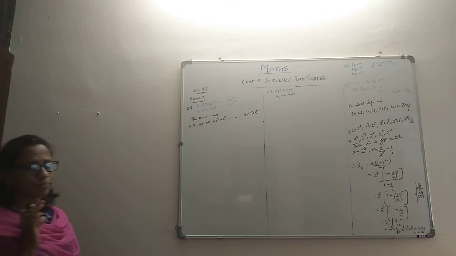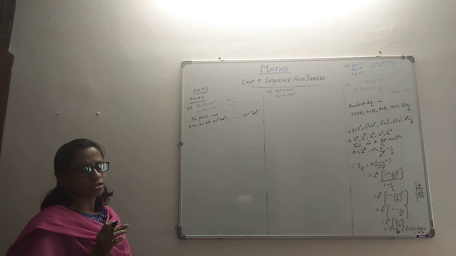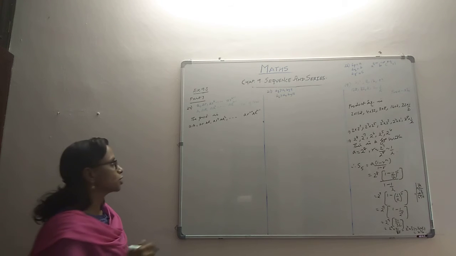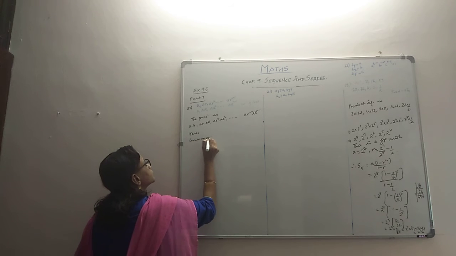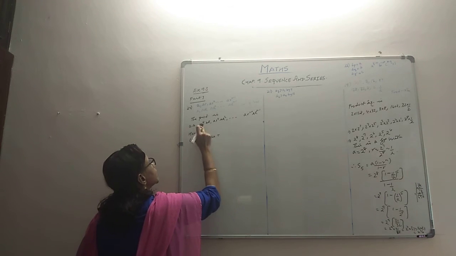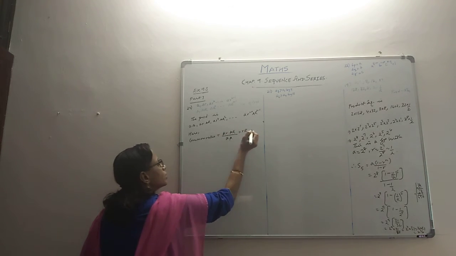It's evident from the approach itself that it is a GP because the common ratio is the same, but let's find the common ratio. Here the common ratio is the second term divided by the first term, a into r by a, cut, r into r.